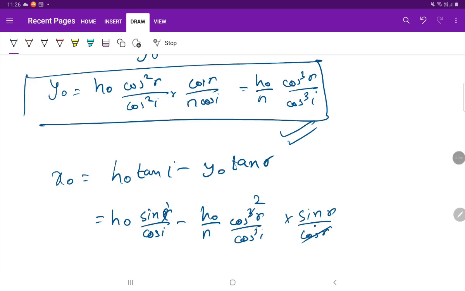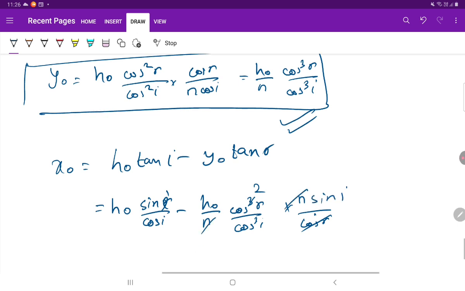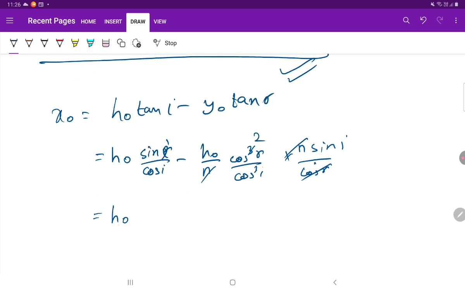Yeah, so sin r can be written as n sin I, just substituting it, n sin I, cancelling the n, and taking common terms, h naught sin I by cos cube I into cos square I minus cos square r. This is an interesting result.